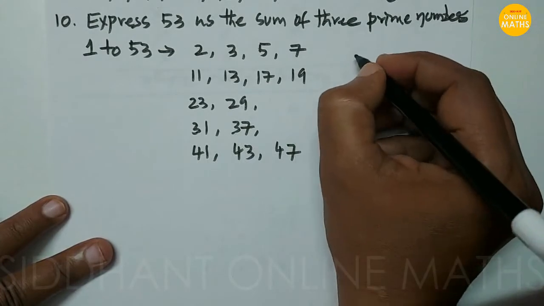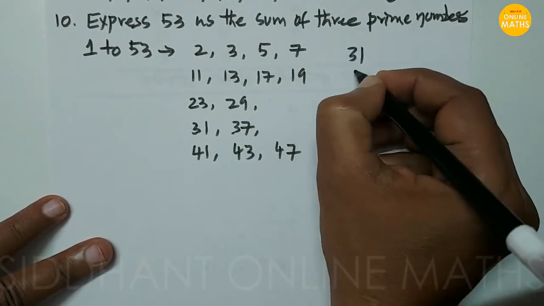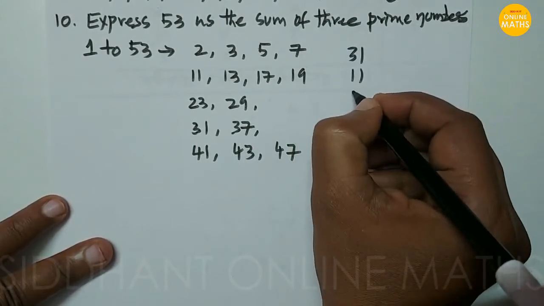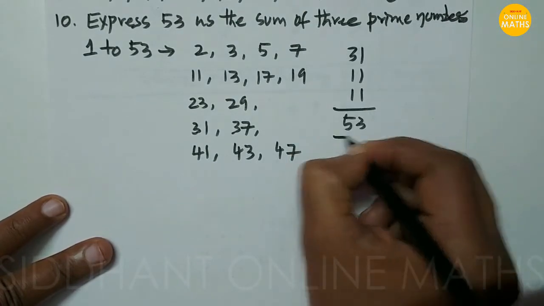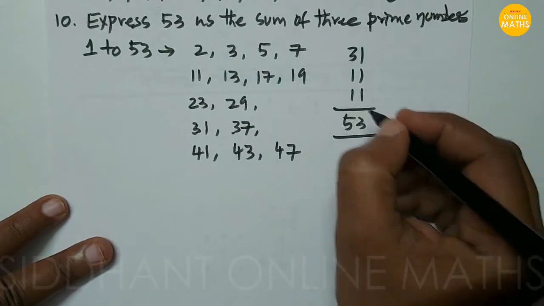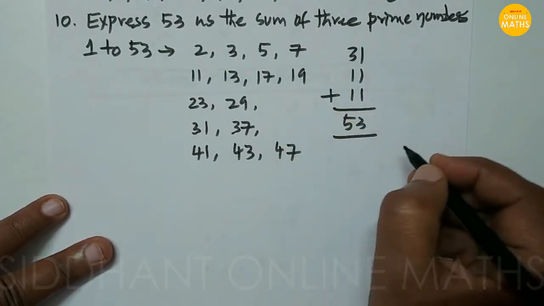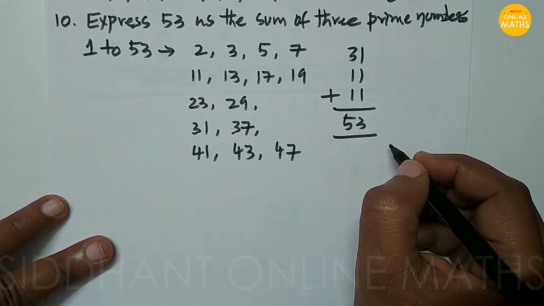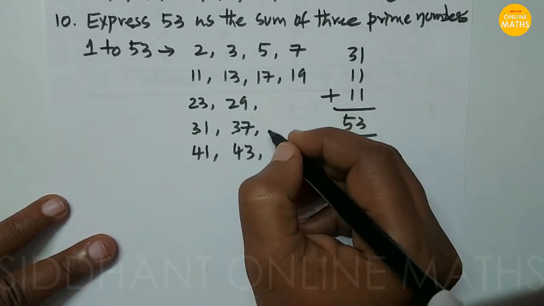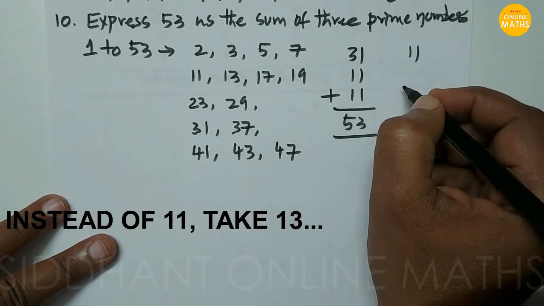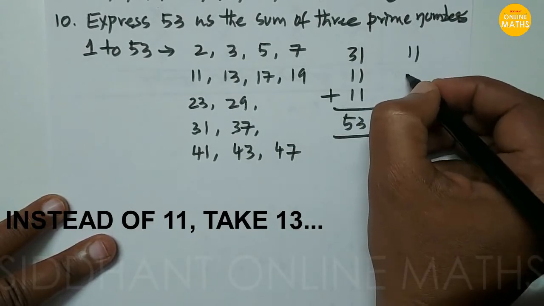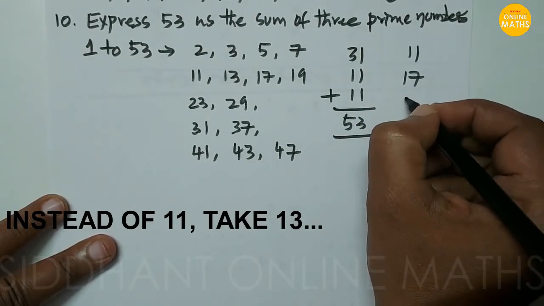So let's take 31, next 11, next again 11. So we will be getting 53 here. This is one pattern we are going to see of prime numbers. Next we take 11 again, then 17, and after that 23.